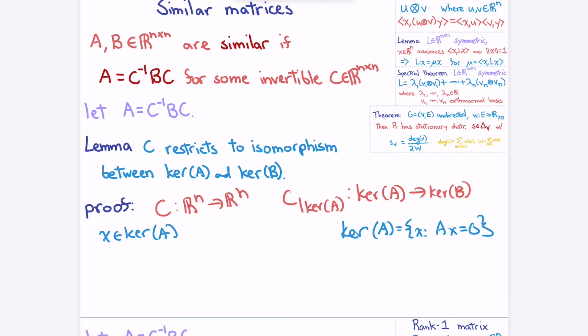All right, so let's say that AX is equal to 0. I want to show that BCX is equal to 0, right? All right, so now BCX is equal to CAC minus 1 CX.